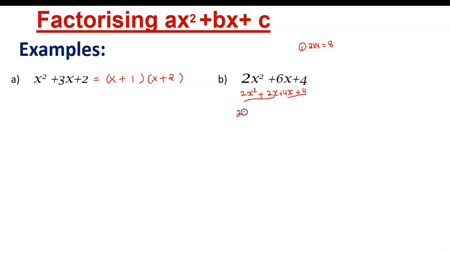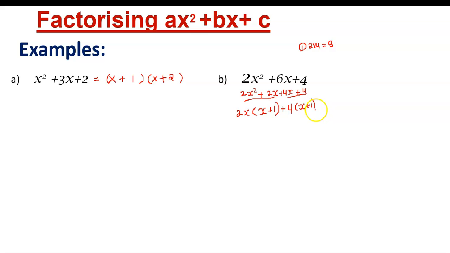They got 2x in common. Take that 2x out. If you take that 2x out, there's x left here, and there's 1 left there. Here, 4x and 4, they got 4 in common. If you take that 4 out, you get x plus 1.